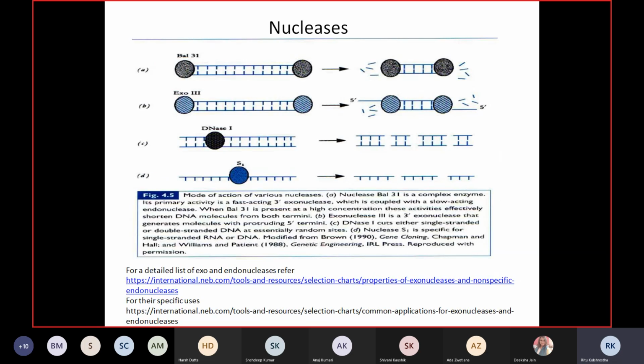Some are from bacteria, some are from micrococcus, like micrococcal, some are from mung bean, and some are from phages. From various sources these nucleases have been isolated and characterized. But does it mean no more nucleases will be identified in the future? No, as more and new organisms are identified and characterized, maybe in future we'll have other nucleases that we will be studying.